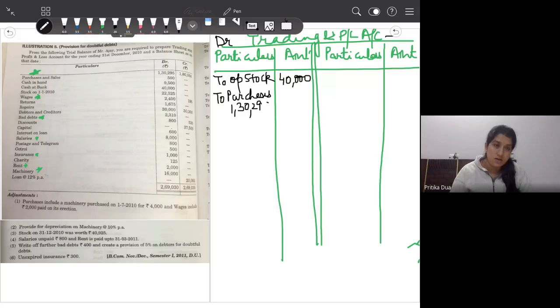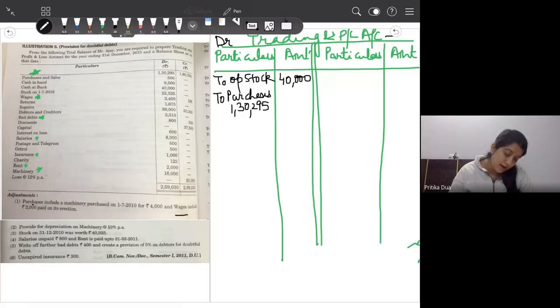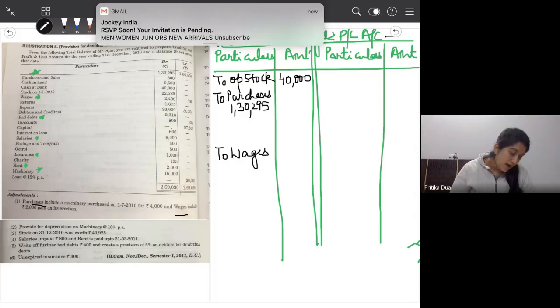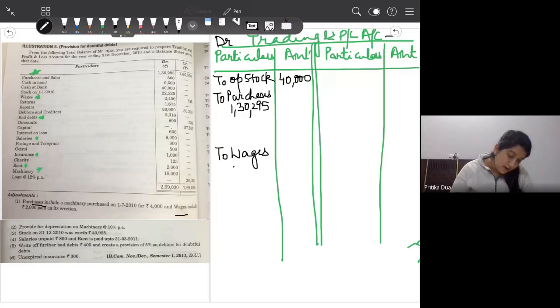I am leaving space here for the adjustment, because the adjustments for purchases and wages are given together. So I will write wages also here, because wages are also direct expenses related to production, hence they appear in the trading account. So I write down to wages, and the amount is again written in the inner column because there is an adjustment. Leave this space.